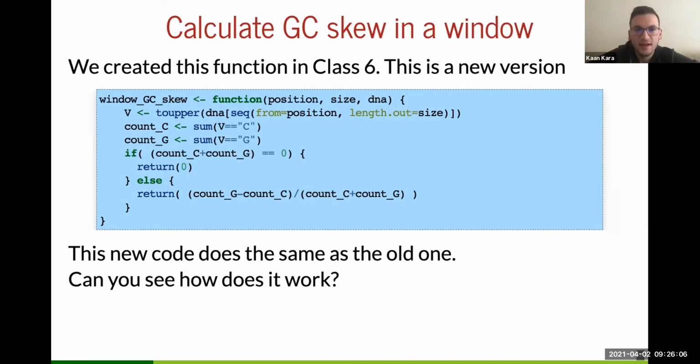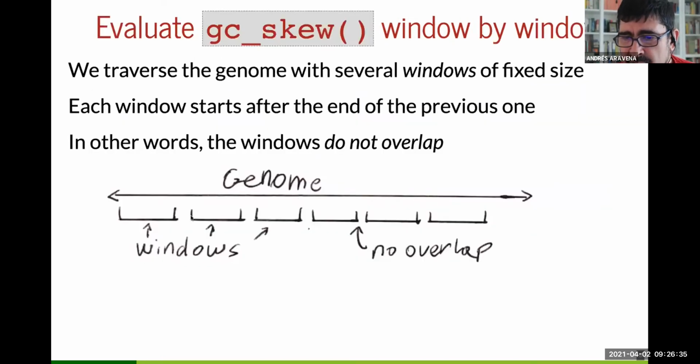Okay. Remember that there is a contract here between the person who writes the function, in this case me, and the person who uses the function, in this case you. We are going to calculate GC-Skew window by window. What is the window? It is part of the genome.